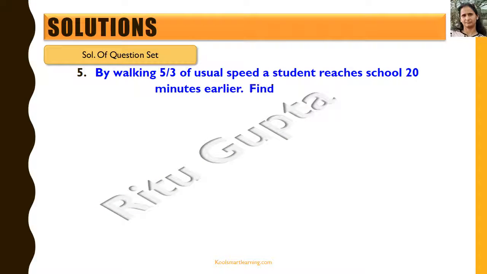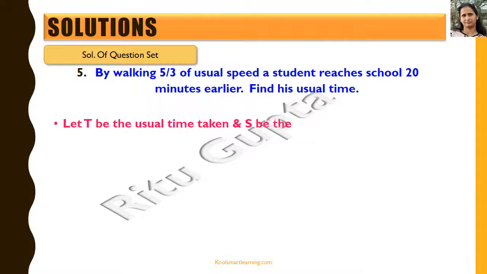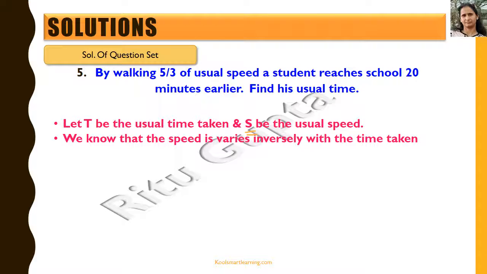Fifth question. By walking 5/3 of the usual speed, a student reaches school 20 minutes earlier. We have to find his usual time. So let's assume t to be the usual time taken and s be the usual speed. So we know that the speed is varying inversely with the time taken. So we can say speed into time taken will remain constant.